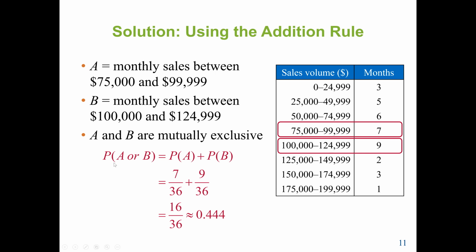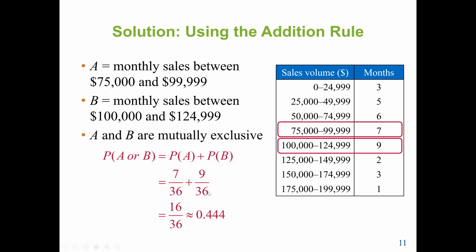This means probability of A or B, which is 75,000 all the way to 124,999, is equal to probability of A plus probability of B. Now, for probability of A, the number of months was 7, and the period is 3 years, so 7 over 36. Then the second value is 9 months divided by 36.